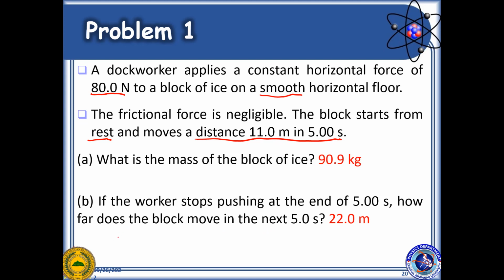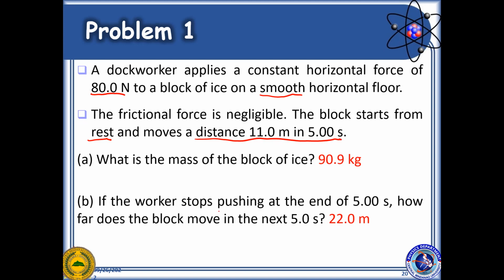So for this problem, in order to determine the distance traveled by the block of ice after the worker stops pushing, we need to find first the velocity of the block of ice within the first 5 seconds, and then we will use it as the initial velocity after the worker stops pushing it.